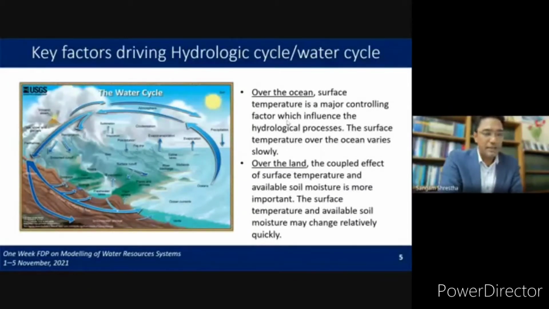Over the land, there are two effects that drive the hydrological cycle. One is the surface temperature, and the other is the available soil moisture. And unlike over the ocean, the surface temperature and available soil moisture may change relatively quickly.